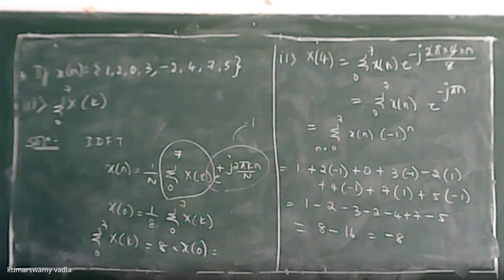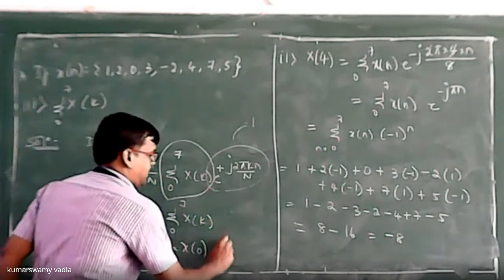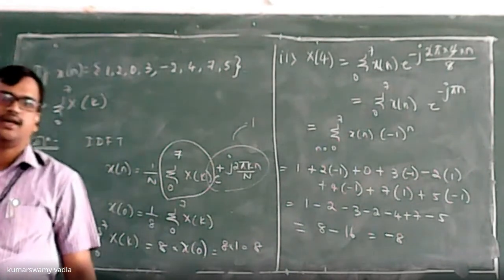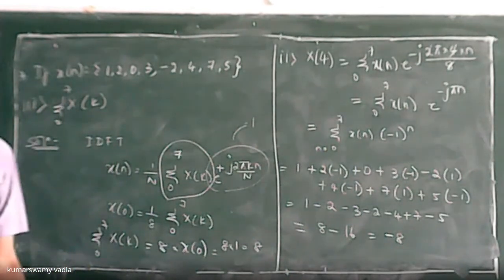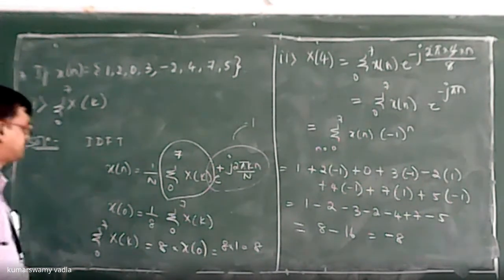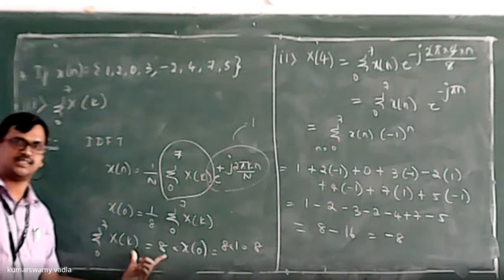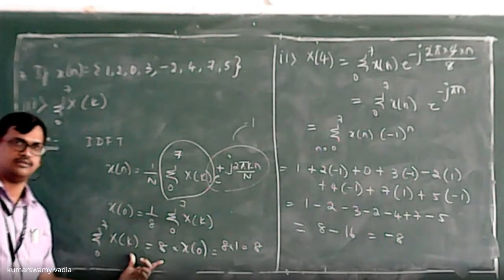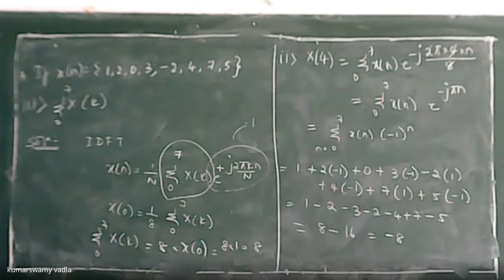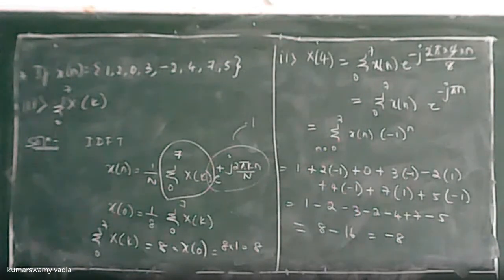What is x of 0? 8 into 1, which is nothing but 8. Is the third sub question clear for everyone? Is this numerical third section clear? Yes.